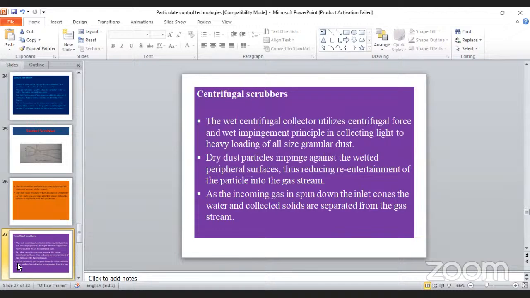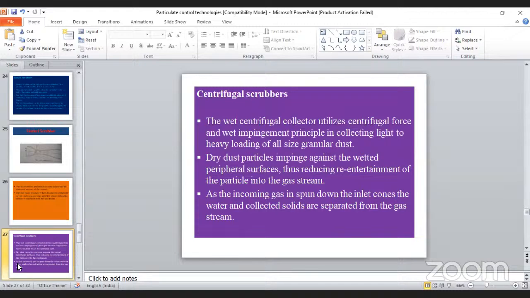The similar concept is followed here. When the gas is going in a centrifugal manner and we are passing water inside, it undergoes the wet impingement principle, and then it is collected. The collection is based on light to heavy loading of all sizes of granular dust. Light to heavy means, again, the density concept is coming into the picture.